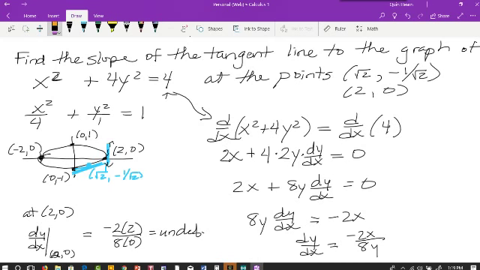Now, how about the slope here at square root of 2, comma, negative 1 over the square root of 2? That looks like it's going to be a positive slope of some sort. Let's see how it turns out.